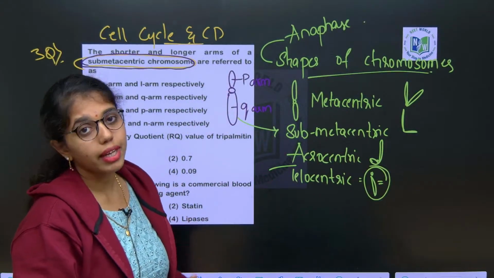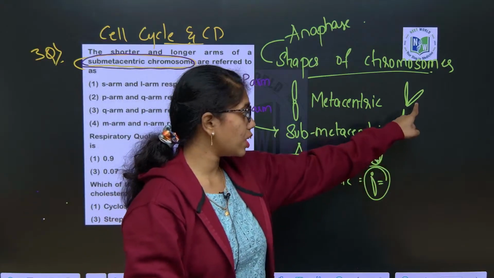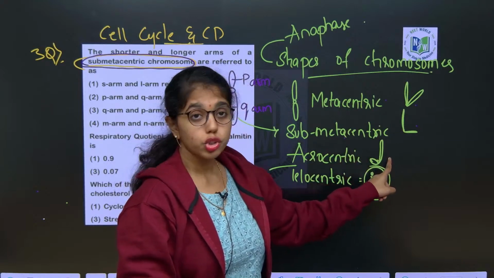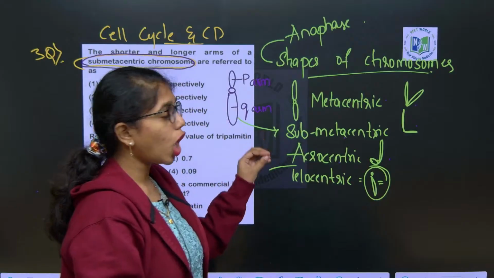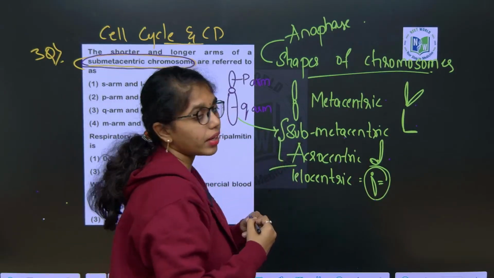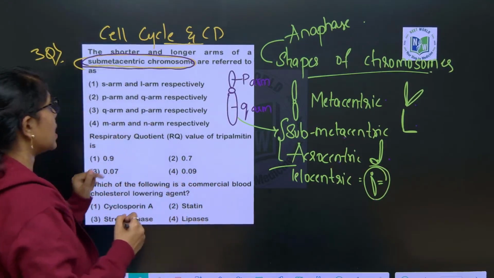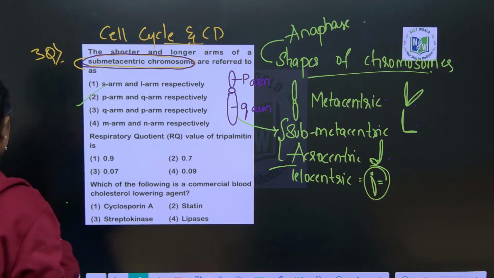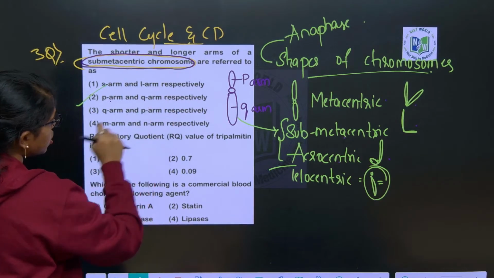During anaphase you can visualize 4 different shapes: V shape is metacentric, L shape is submetacentric, J shape is acrocentric, I shape is telocentric. The short and long arms are clearly visible in submetacentric and acrocentric chromosomes, where the shorter arm is called the P arm and the longer arm is called the Q arm. So the correct option is 2.